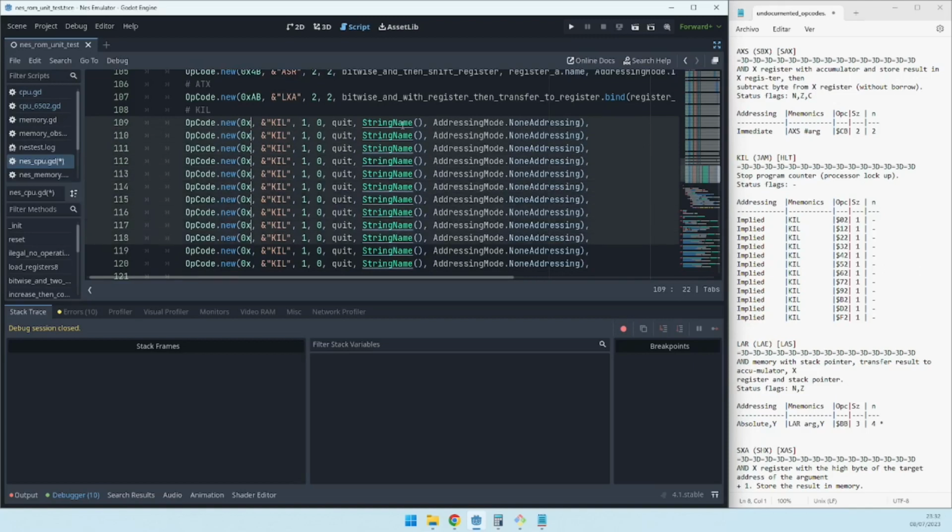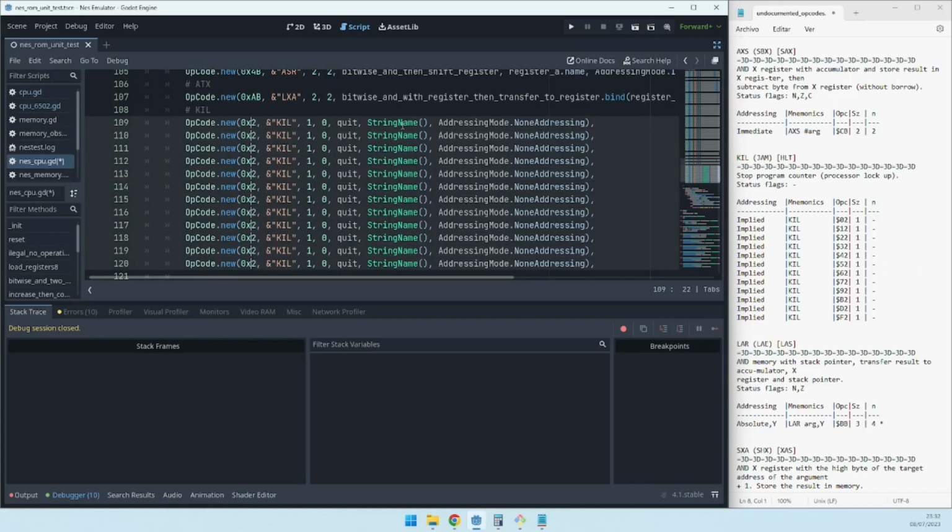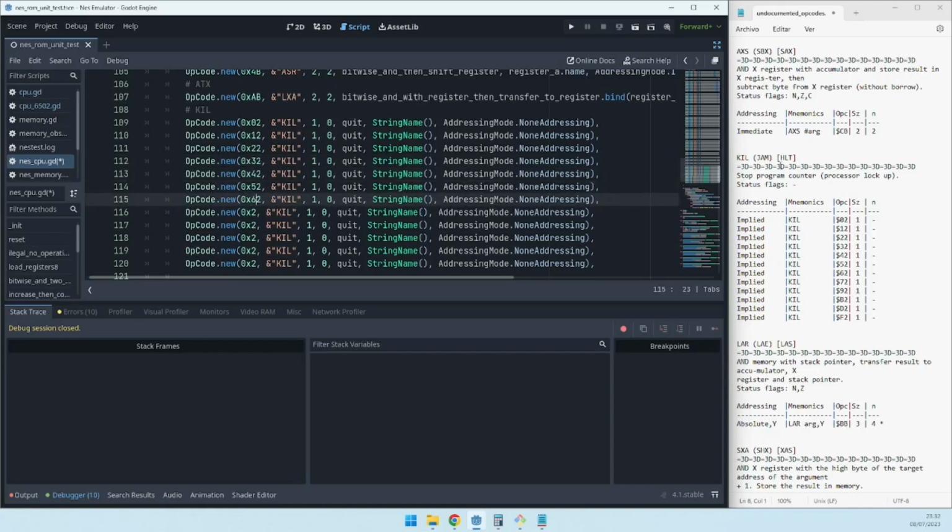So all of these use a 2 at the end, and we have 0, 2, 1, 2, 2, 2, 3, 2, 4, 5, 6, 7. We don't have an 8. 9, no A, B, no C, D, no E, F.